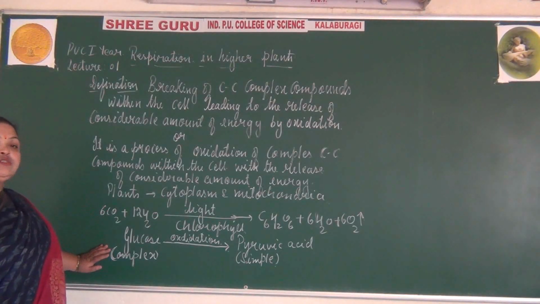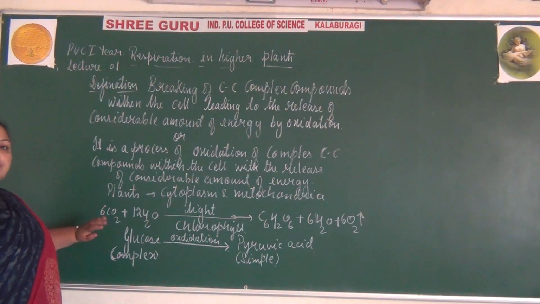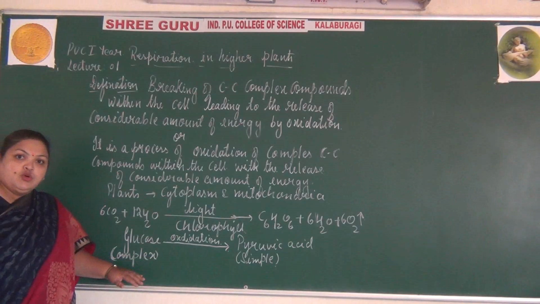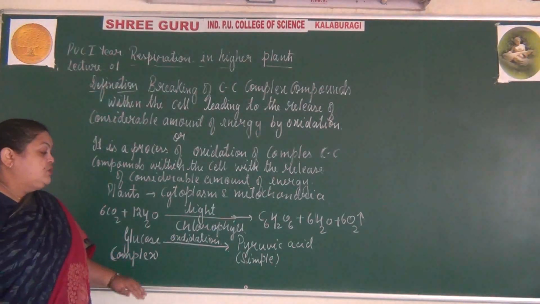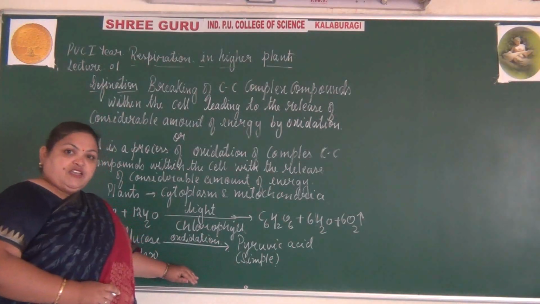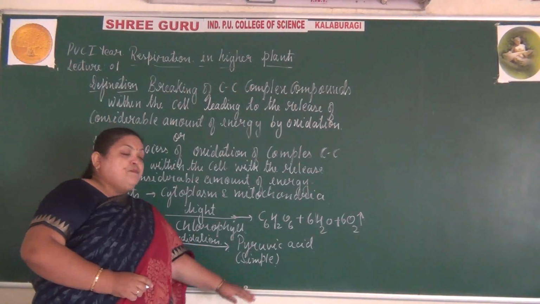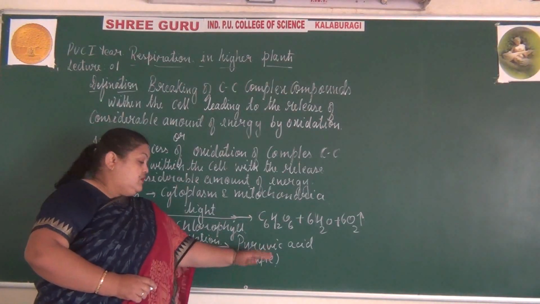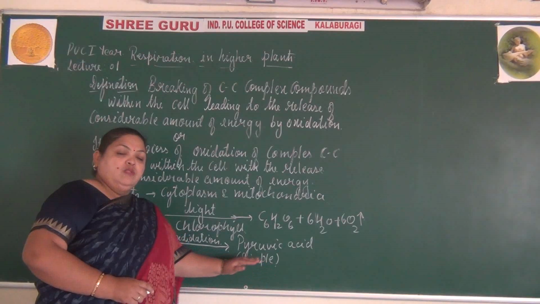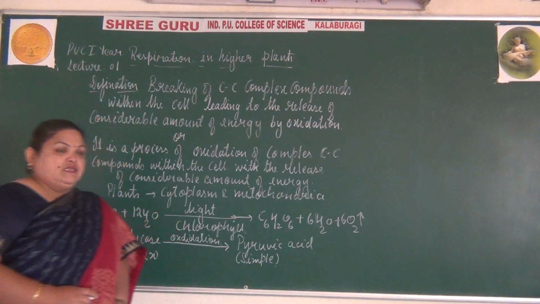So a complex molecule, the hexose sugar glucose, undergoes oxidation to form a simple compound, pyruvic acid.